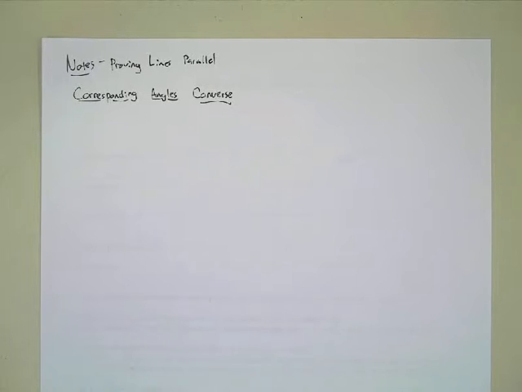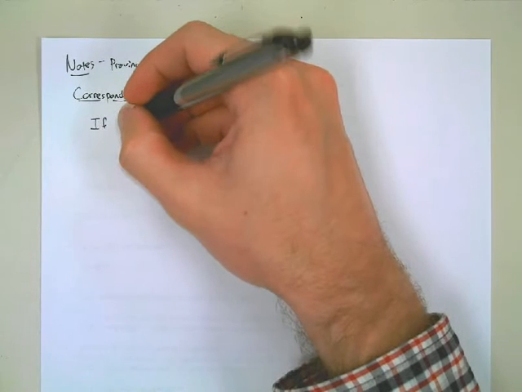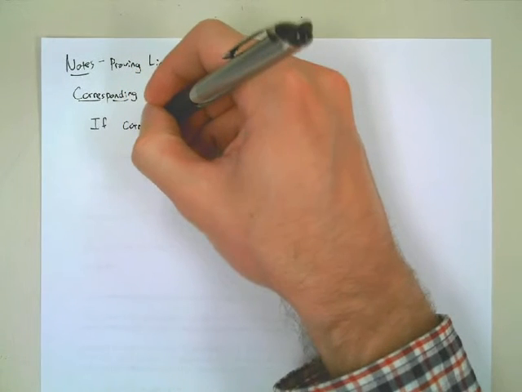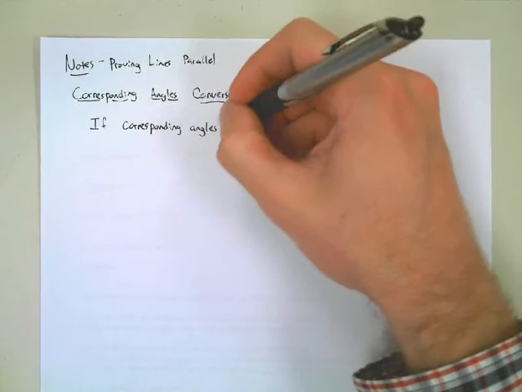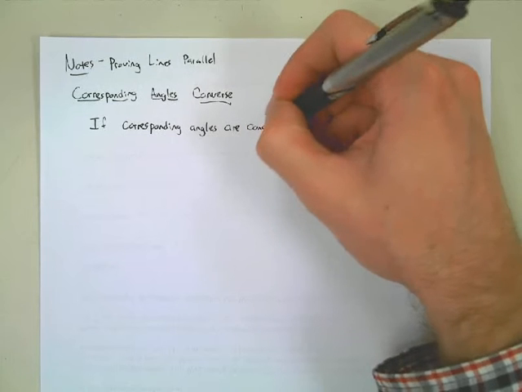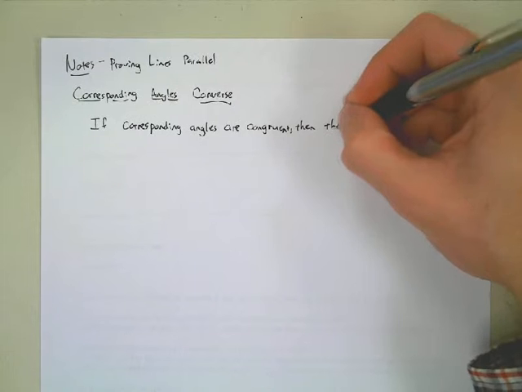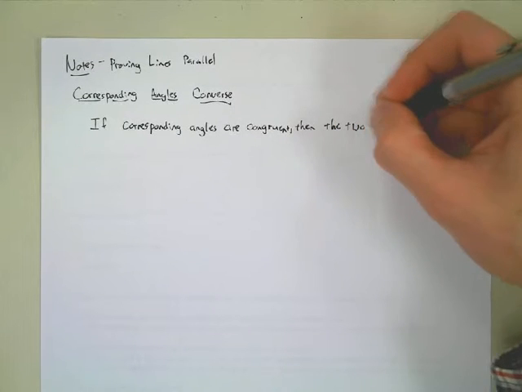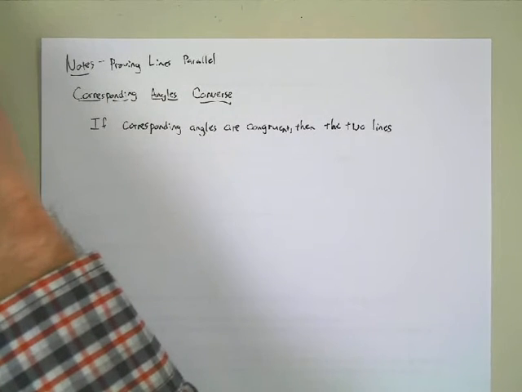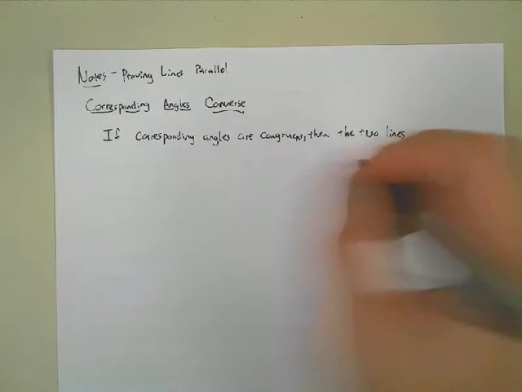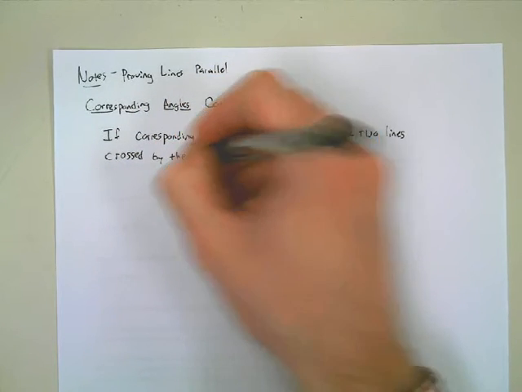Okay, so if we start with: if corresponding angles are congruent, okay, then the two lines crossed by the transversal are parallel.